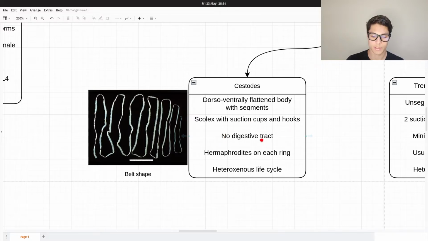They have no digestive tract, so they will compete with us to get the nutrients. And they are usually hermaphrodites on each ring. That means they have multiple reproductive systems, and that leads to a lot of eggs. Their cycle is heteroxenous as the nematodes. That means they need more than one host to complete their life cycle.